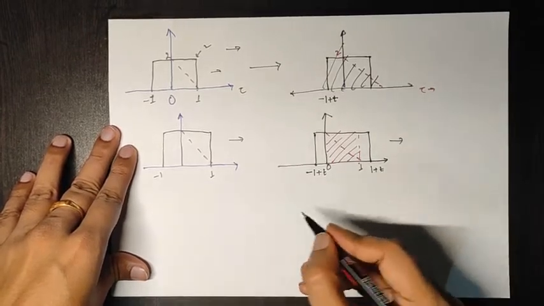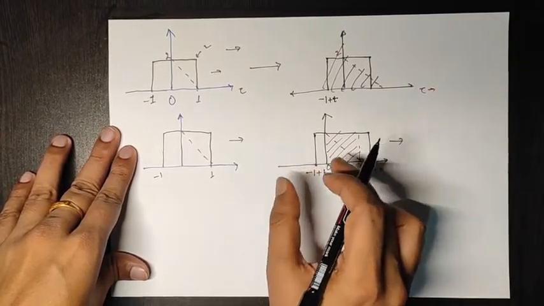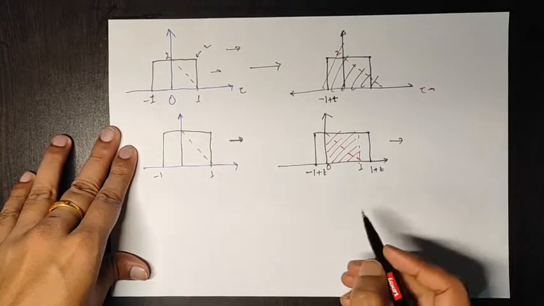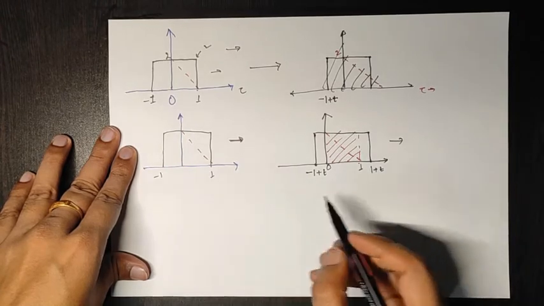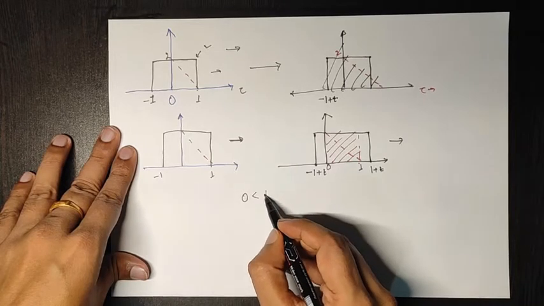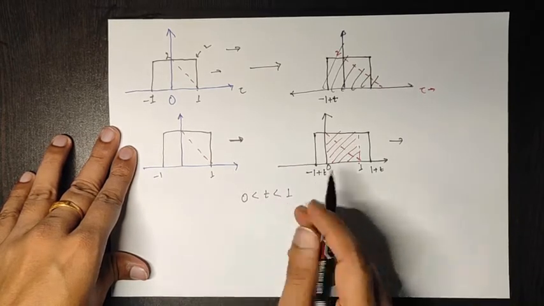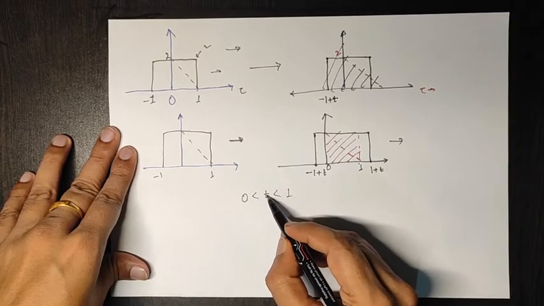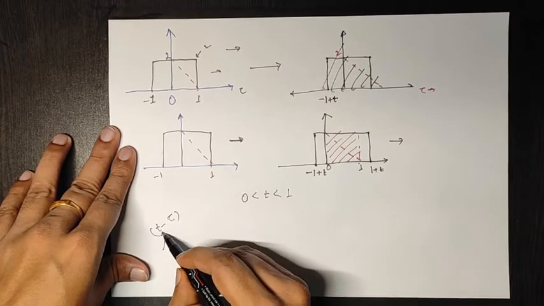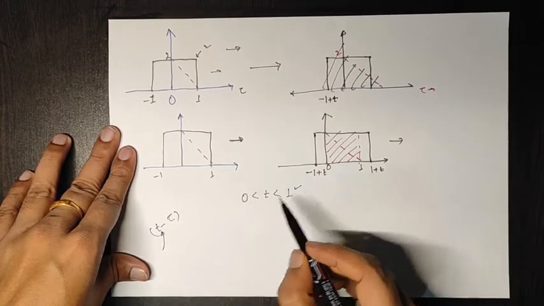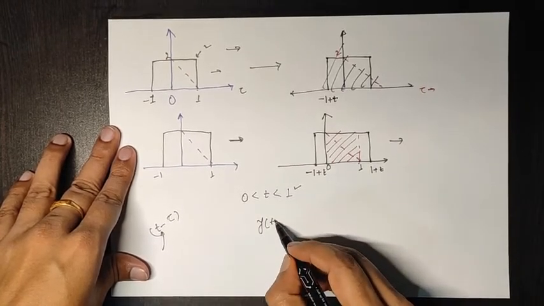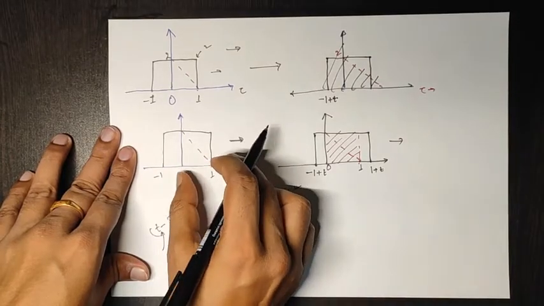Then how long can we shift it? We can shift to a maximum of 1 unit. So for the interval 0 to t, we can shift a maximum of 1 unit. That is why the shift in tau, this is t minus tau, then the value of t is maximum 1 unit. So here y(t), the maximum that we can shift is 1 unit.